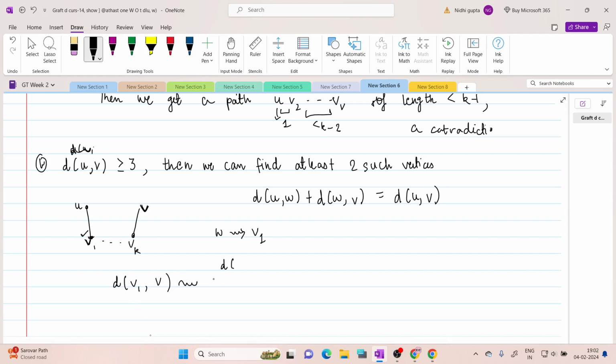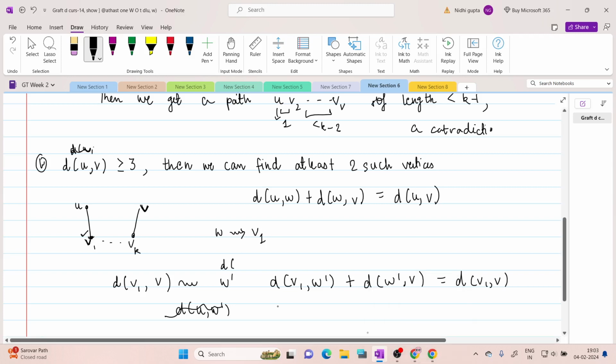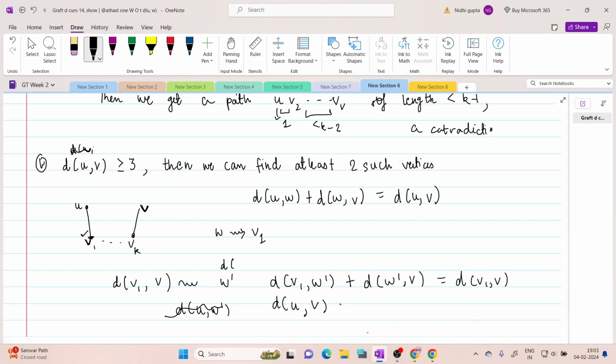Suppose you are getting some w prime from that, right? Then from this you are getting that dv1 w prime plus dw prime v is equal to dv1 v. But why do you have to show that duv is equal to du w prime plus dw prime v? So how can you conclude this?